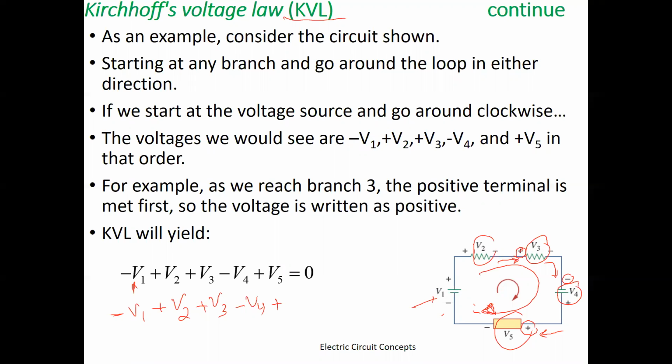So plus V5 equals 0. Now if you want, you can move, for example, the V1, the negative polarity, to this side, and you could rewrite the KVL as V2 plus V3 plus V5 equals V1 plus V4. Okay, same thing, you could do that if you want.